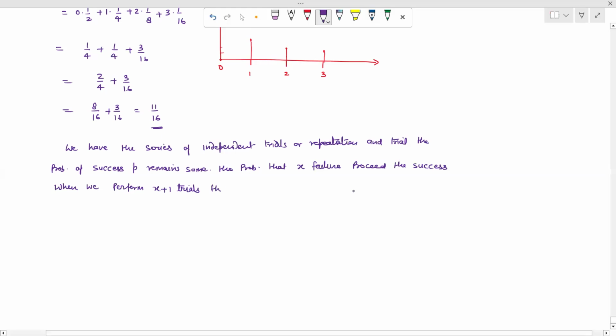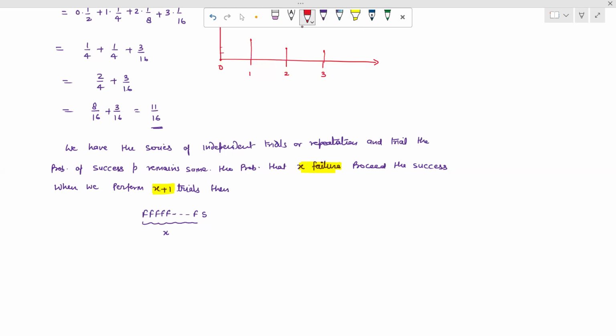So we write it as failure, failure, failure, and so on, then we get the success. So here we have x failures. After x failures, you get the success. How many trials have you done? You have done x plus 1 trials. The probability of success is p, and the probability of failure is q.